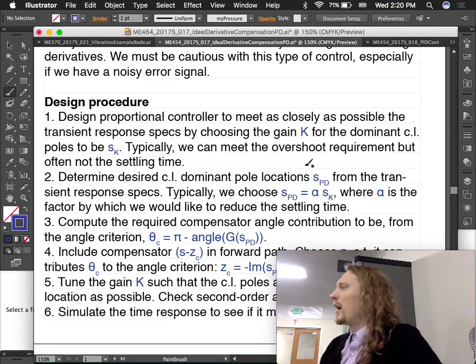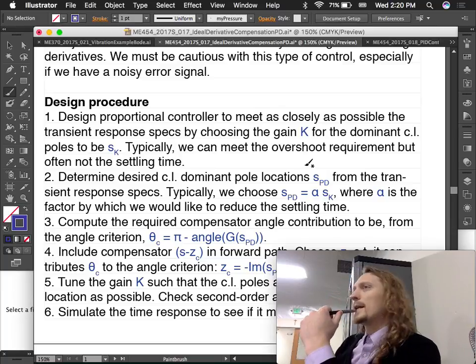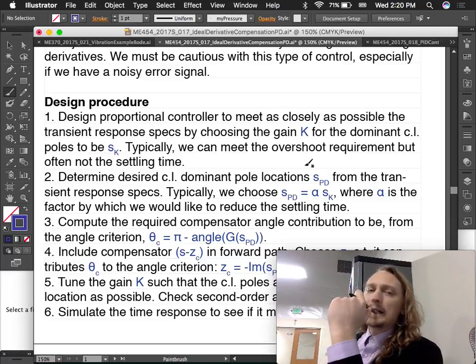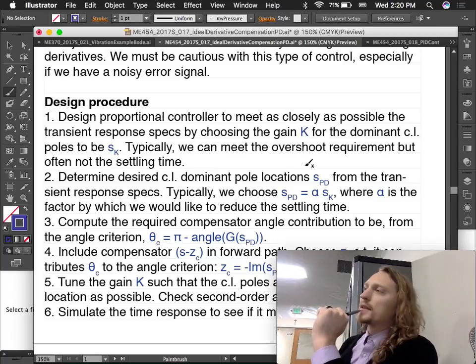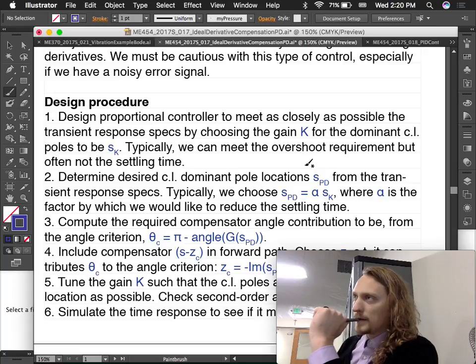Does anybody know why that is? Why can we often meet the overshoot requirement, but not the settling time requirement? Does the PI not deal as much with the transient response?